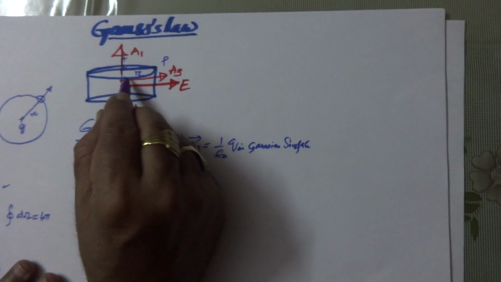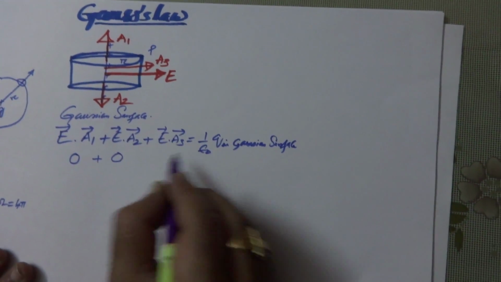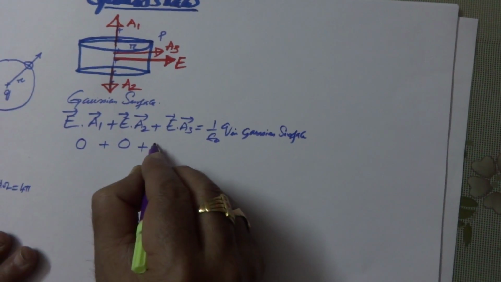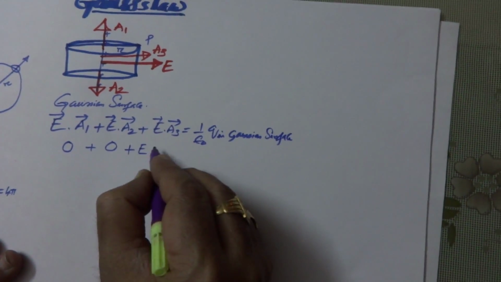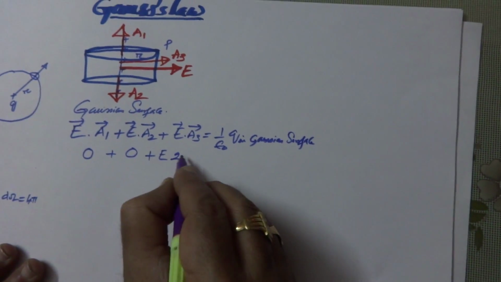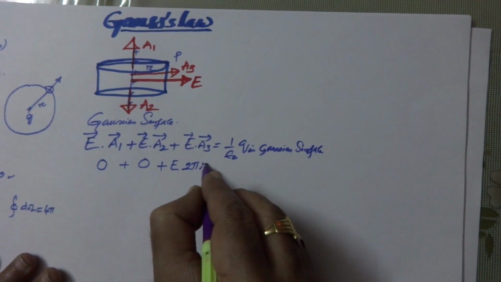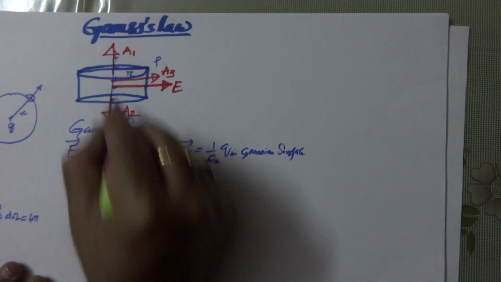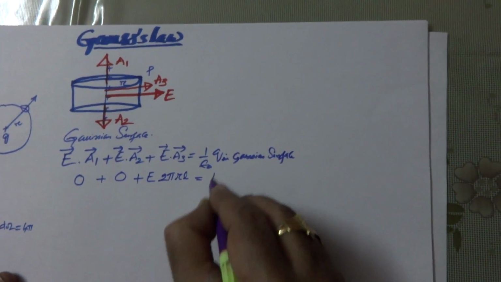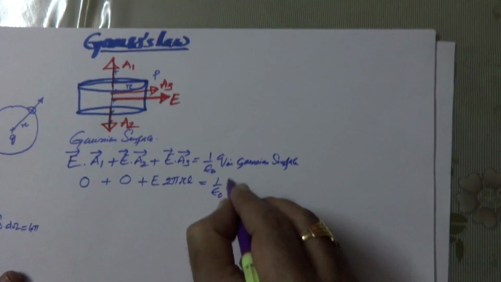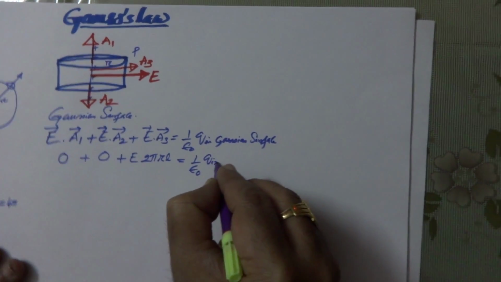Now the direction of A3 and E are in the same direction, therefore you can write E times the area of the curved surface, 2 pi r L, where L is the length of the cylinder, is equal to 1 by epsilon naught times Q in.